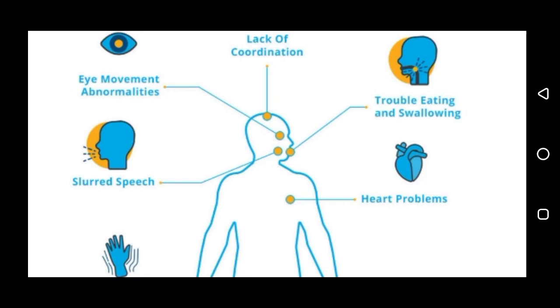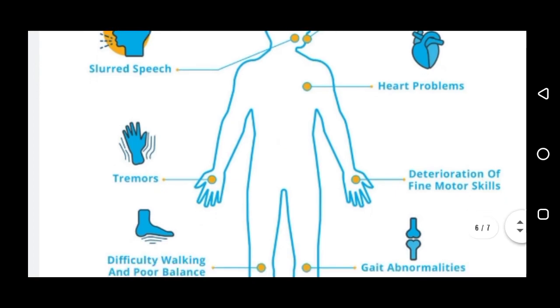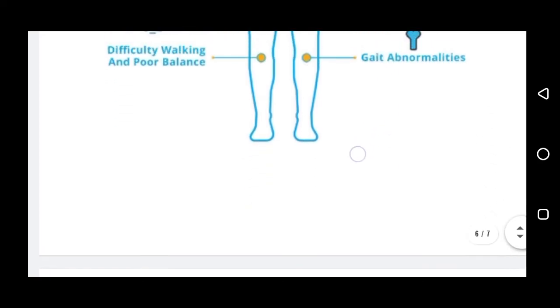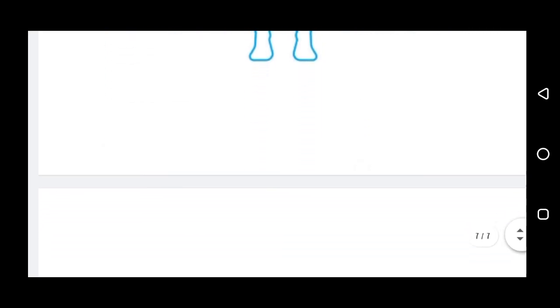The breathing, heartbeat, BP could also be affected. There is tremor, that is intentional tremor, deterioration of fine motor skills due to incoordination of the muscles, difficulty walking and poor balance. There are gait abnormalities. So these are the different signs.